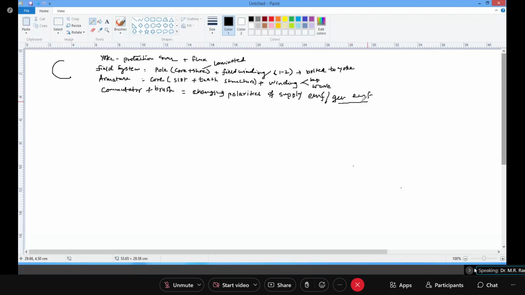If it's a generator, it will be generated EMF. If it's a motor, it is a supply EMF. So these are there. I'll again redraw that diagram. Sorry.